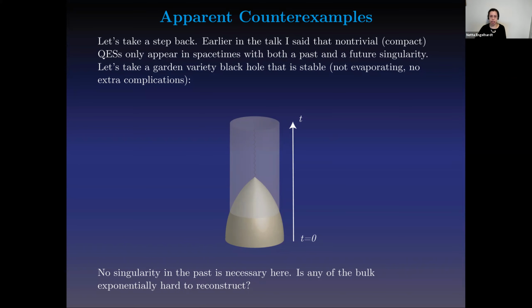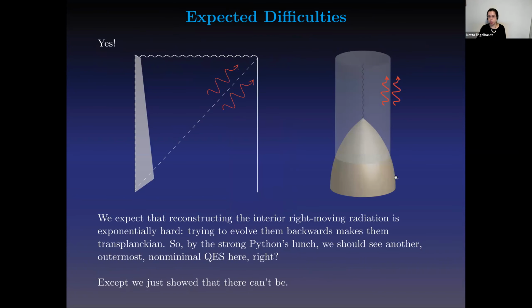Is any of the bulk actually exponentially hard to reconstruct? Yes, we do expect that some of the bulk is exponentially hard to reconstruct. If we take a look at some late time radiation, again, it's not an evaporating black hole, but it still radiates, of course. We look at the right moving modes here. We expect that reconstructing these interior right moving modes is exponentially hard, because if we try to evolve them backwards, that makes them trans-Planckian.